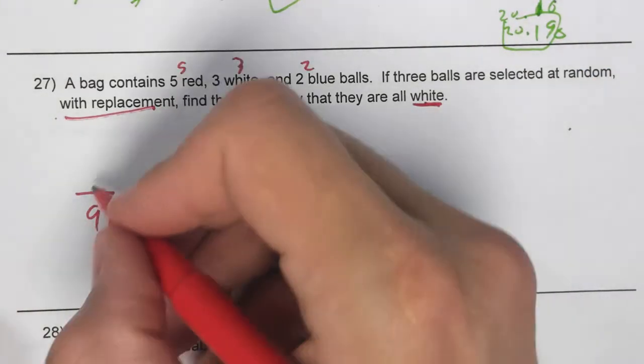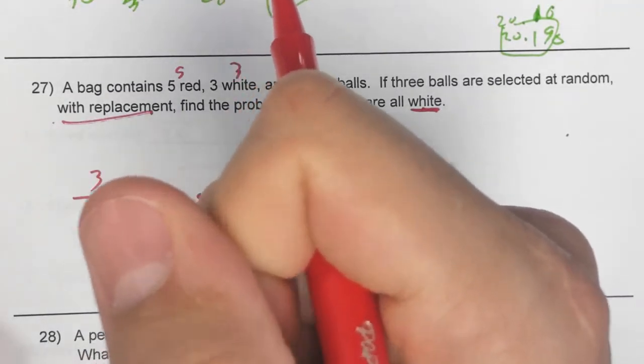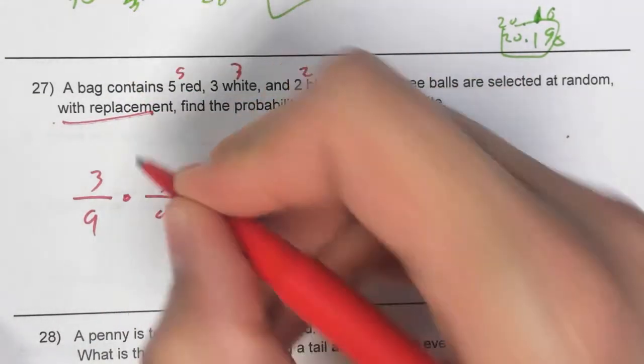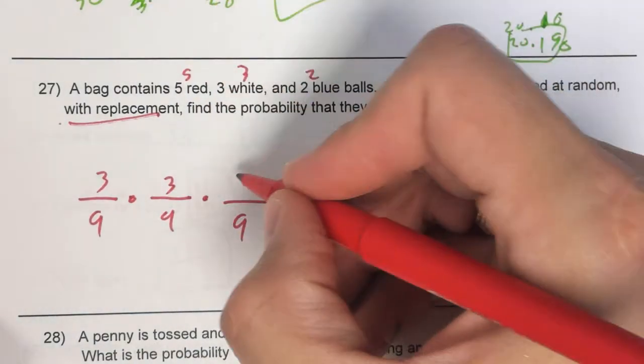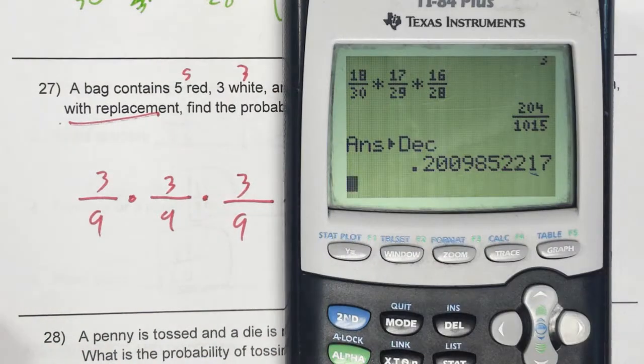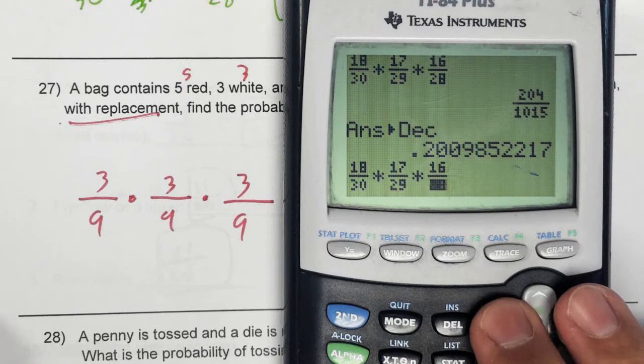And we want them all to be white. Start off with 3 white. We draw a white, put it back, so there's still 3 white in there. Draw a white again, put it back, so there's still 3 white in there. I'll copy this one, less typing in the calculator.